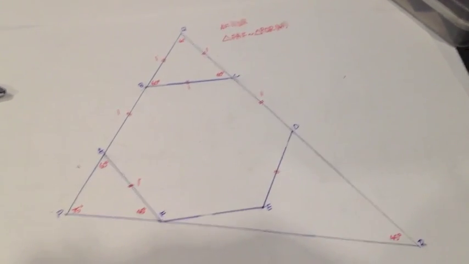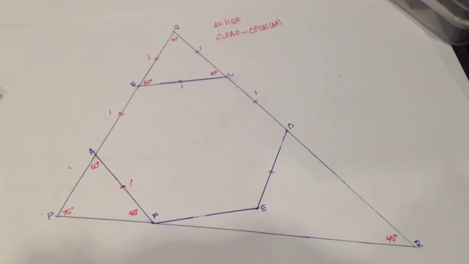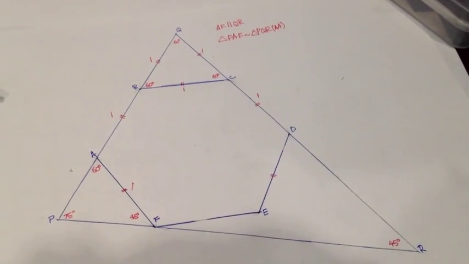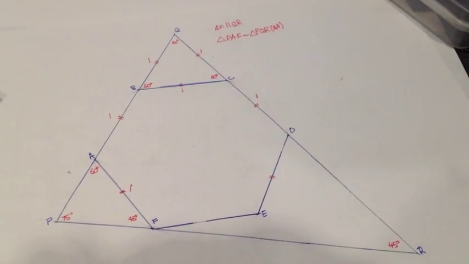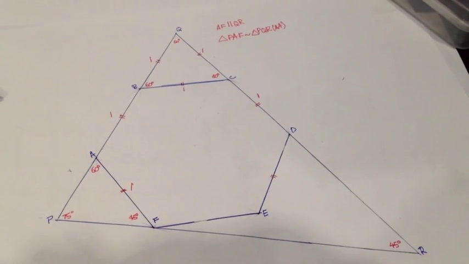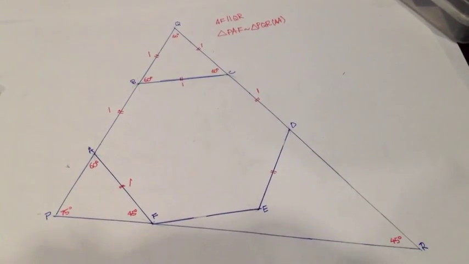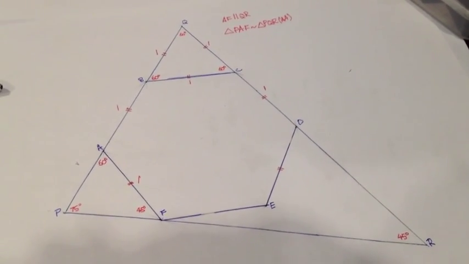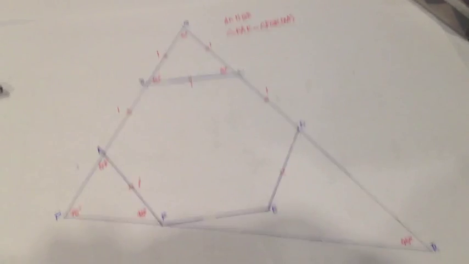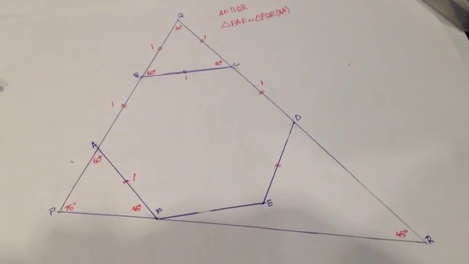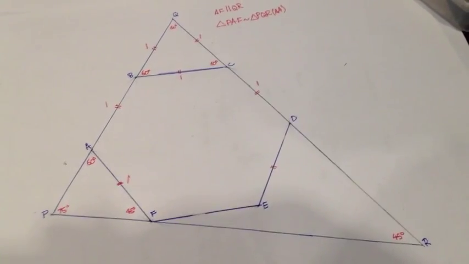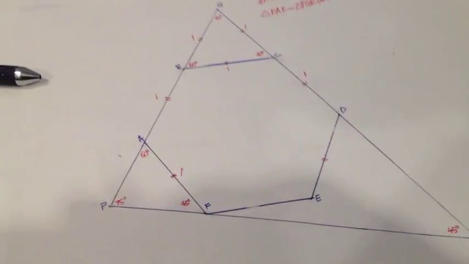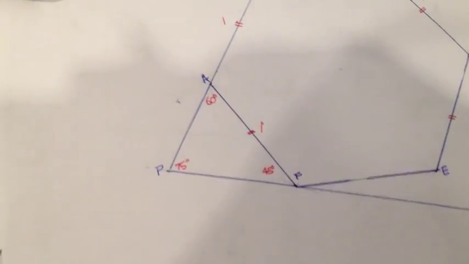So if we can find the area of triangle PAF, and the ratio of the side lengths between PAF and PQR, then through that relation we can find the area of triangle PQR. Let's try and make that happen. But to do that, we need to look at triangle PAF.